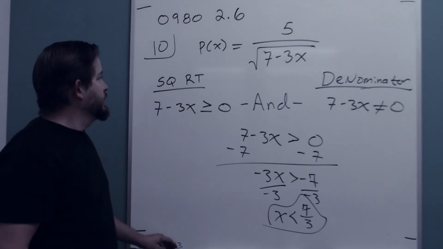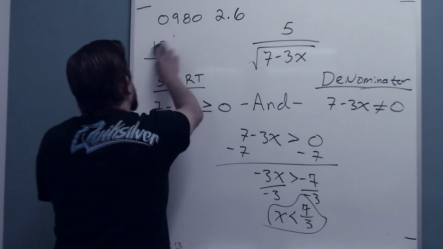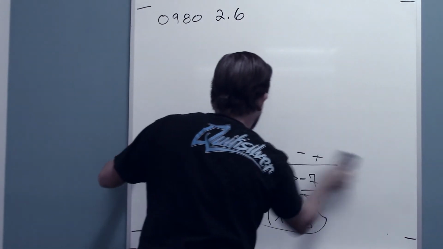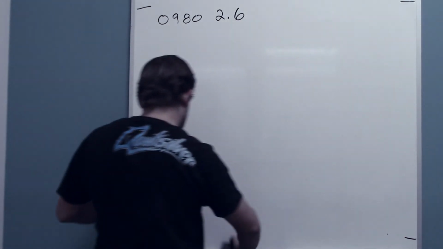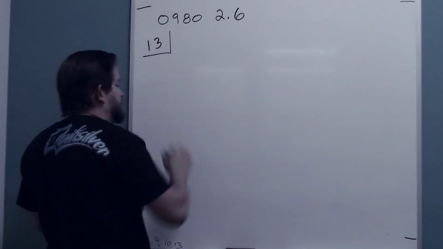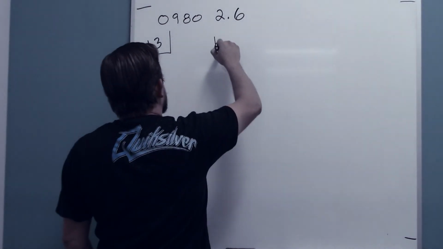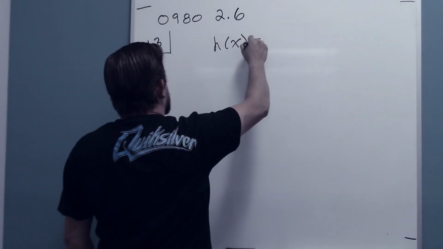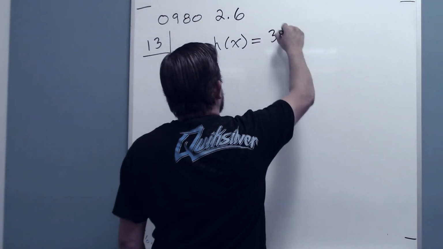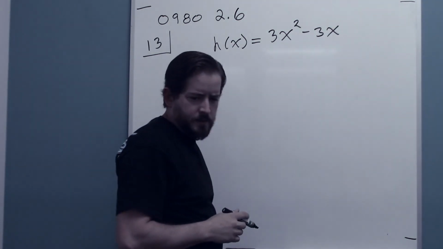All right, let's look at one last one here. Let's look at 13. Thirteen says we have a function h of x, and it's 3x squared minus 3x plus 4.